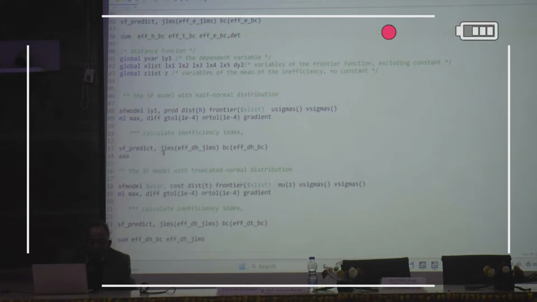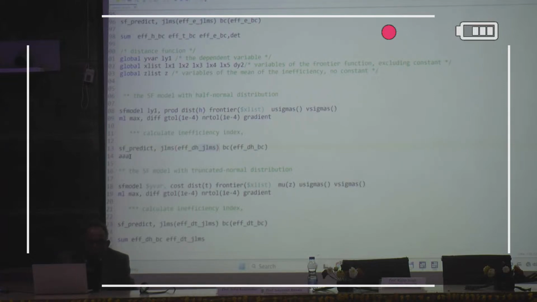So as I predict, DLMS and efficiency DH, D for distance function, H for half normal, and then efficiency DH, DC. So the first one, DLMS, is for inefficiency, and DC is for efficiency. This is how you do things. And then I put this in because I'm sometimes lazy.